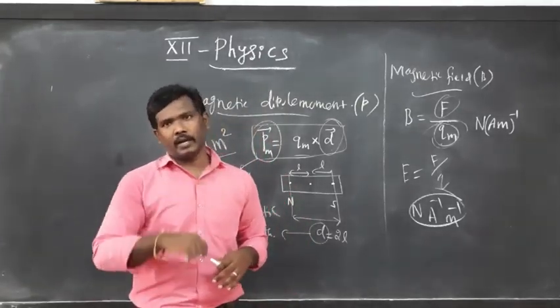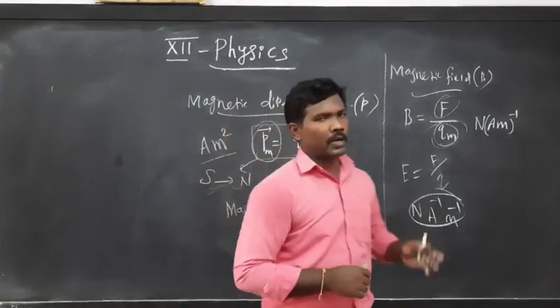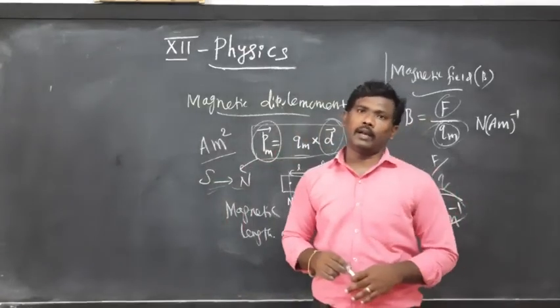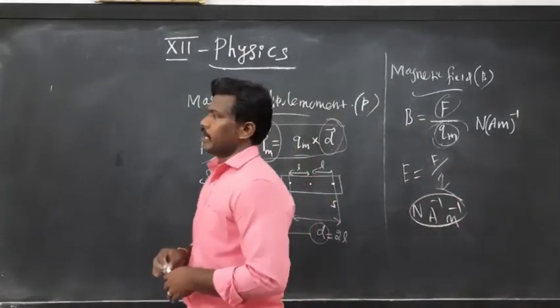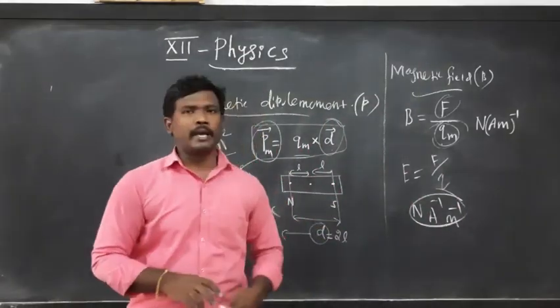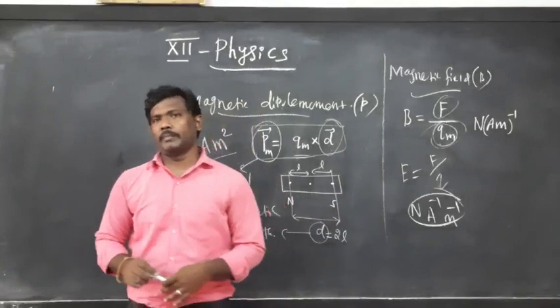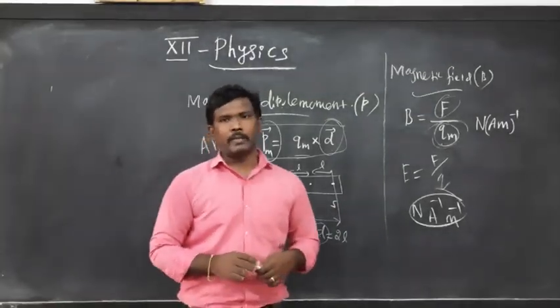We also have the U-shape magnet, but the natural magnet does not have any regular shape. Examples of natural magnets are made of the materials iron and nickel. Cobalt is also in the category of natural magnets.